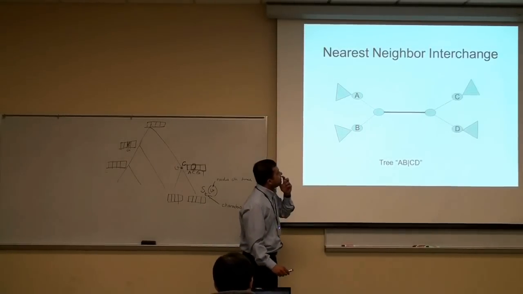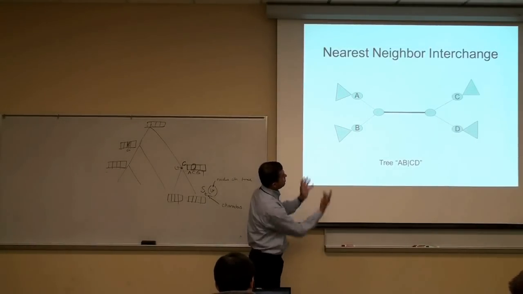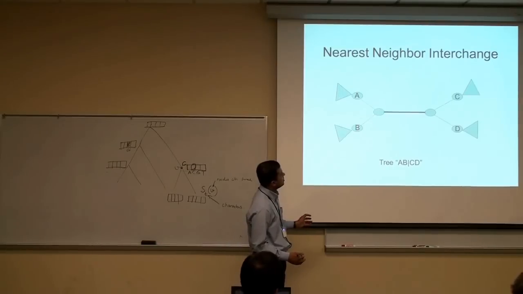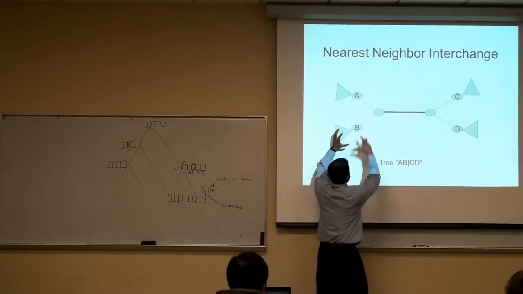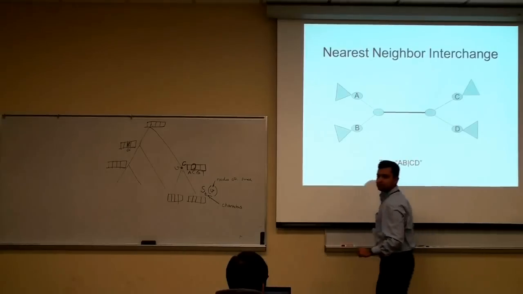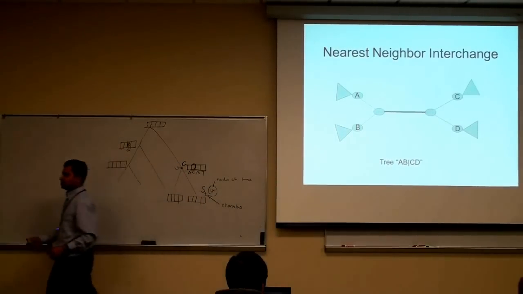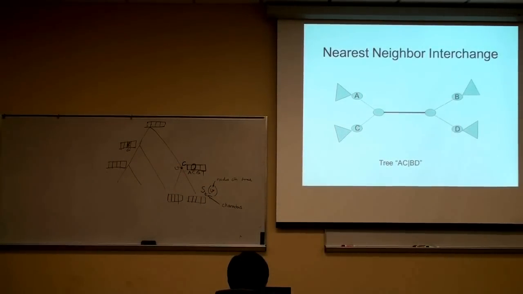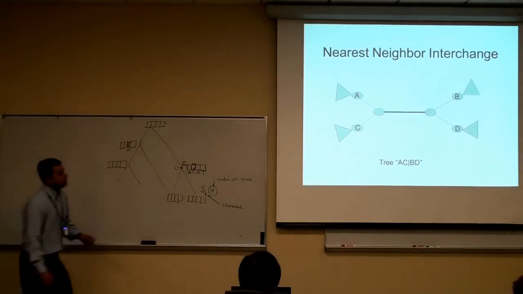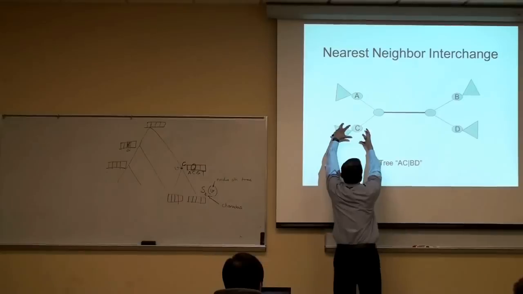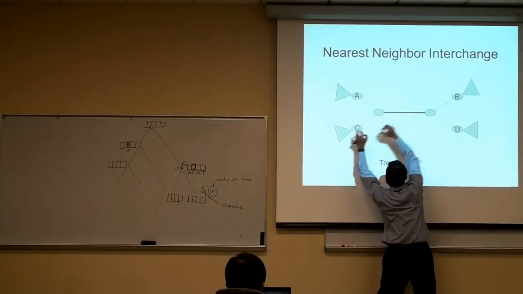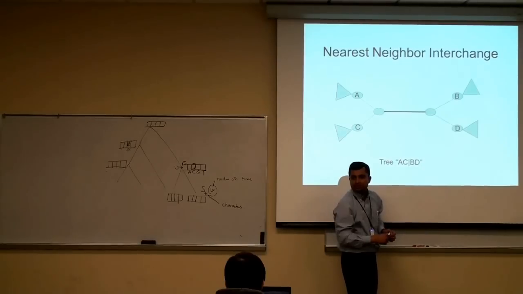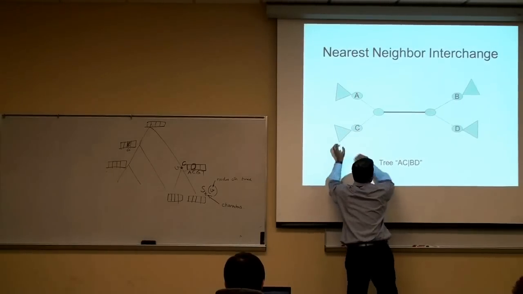So you focus on an arbitrary branch, and then you swap this part with that part. That's a different topology. You see, you had A, B as siblings, C, D as siblings. You take this entire subtree from there and put it here, and the entire subtree from here and put it there.